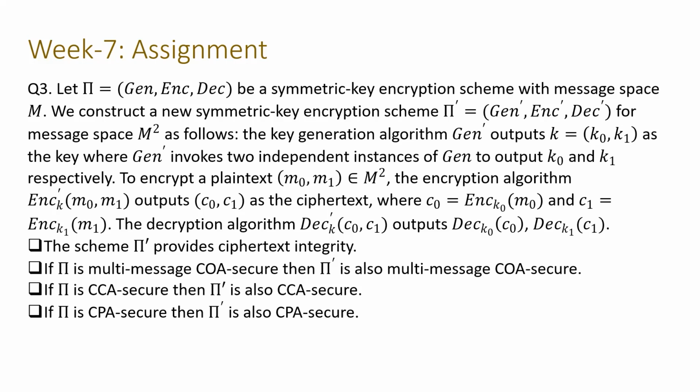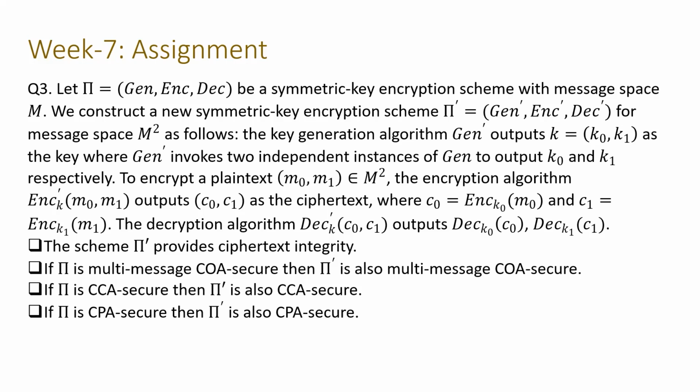Now, what the adversary can possibly do is, let's say it chooses M0, M1 and M0 dash, M1 dash in such a way that M0 is equal to M0 dash, and M1 can be anything.